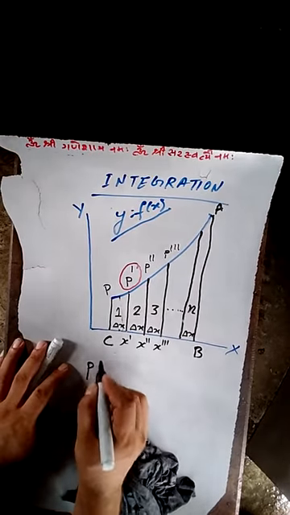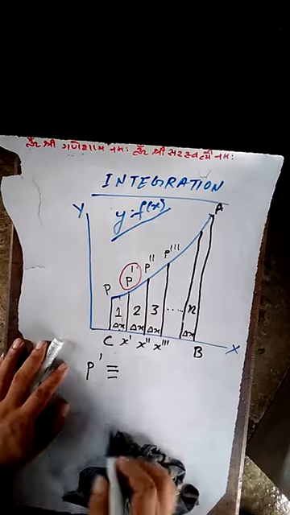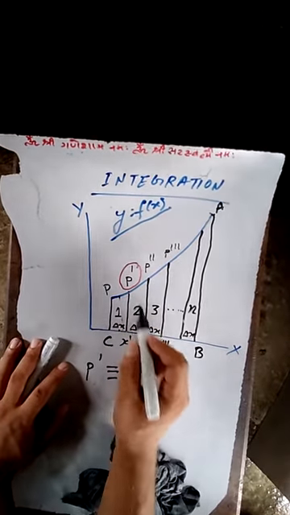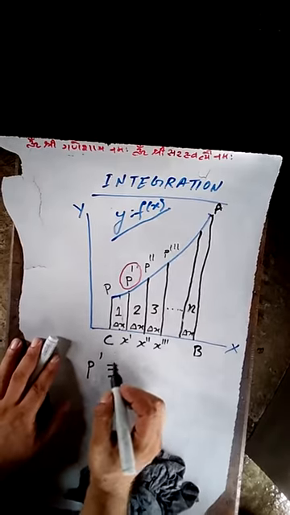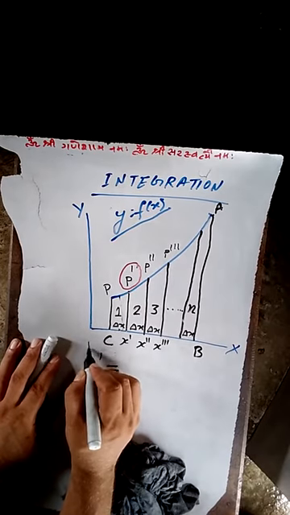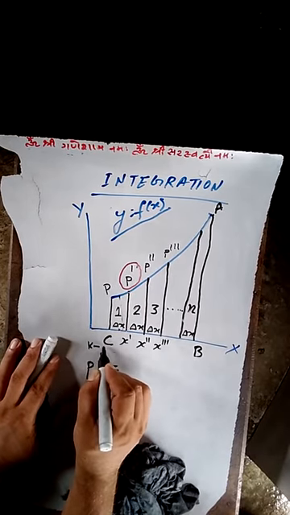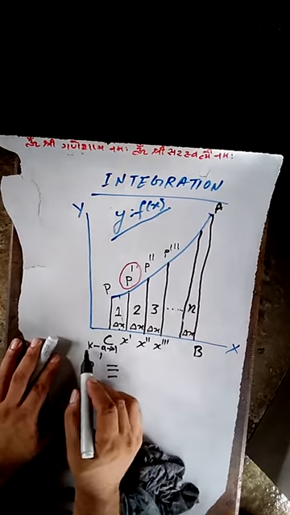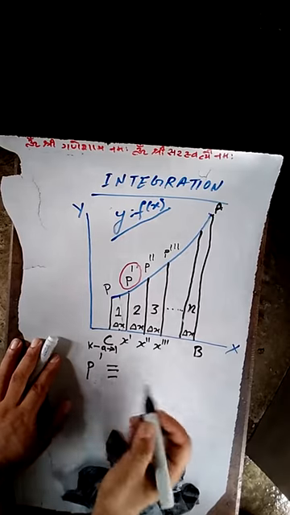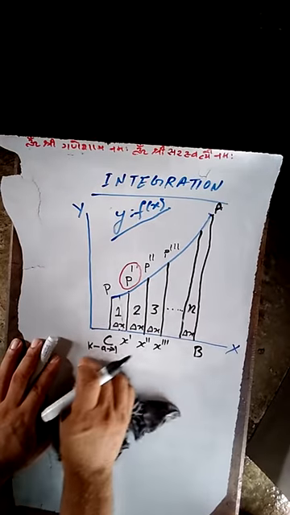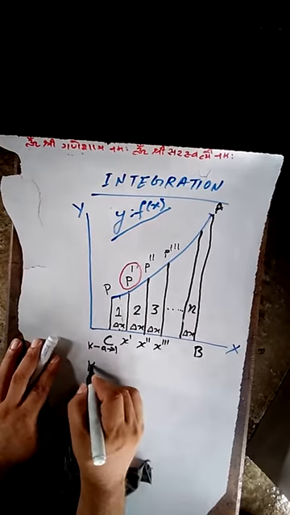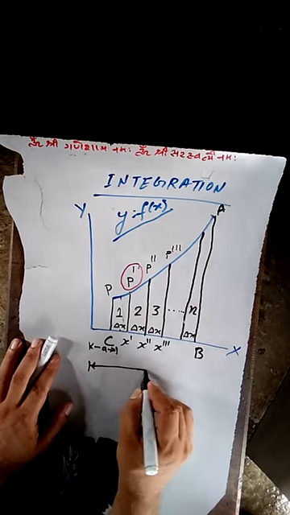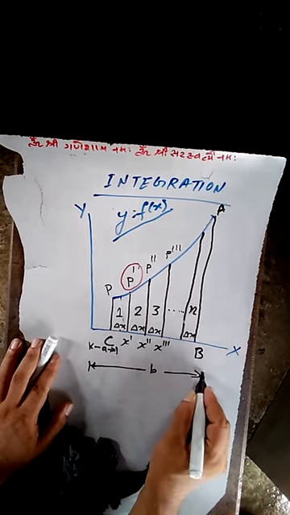Suppose, before that, this distance from here to here is a, and the distance from here to here is b.